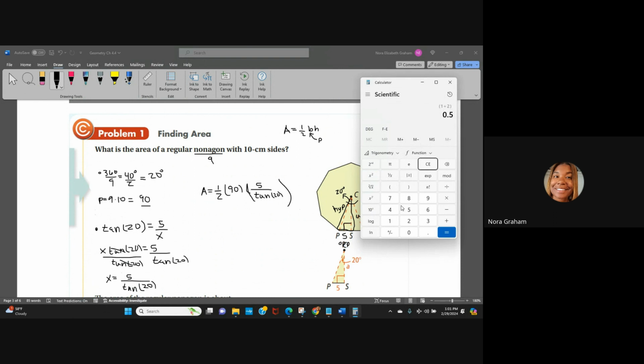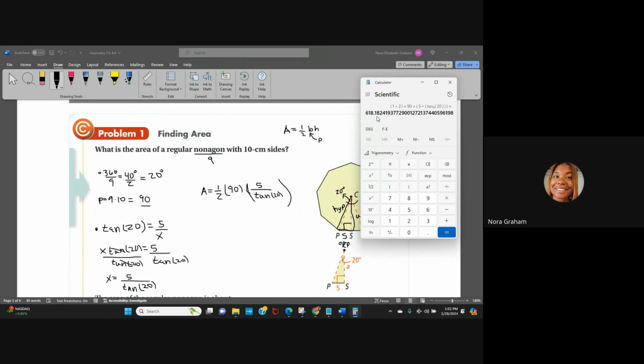So I have 1/2 times 90 times, and then I'm gonna use my parentheses. I have 5 divided by, and then I'll use my parentheses again, tan 20. All right. And I'm going to get 618.